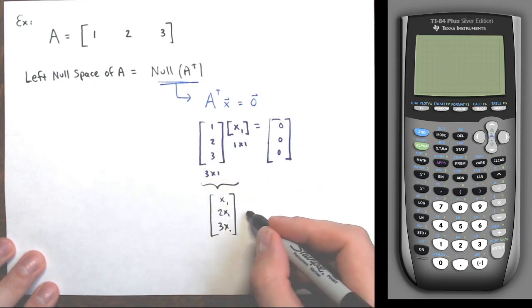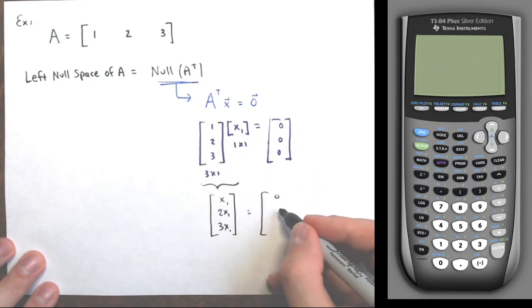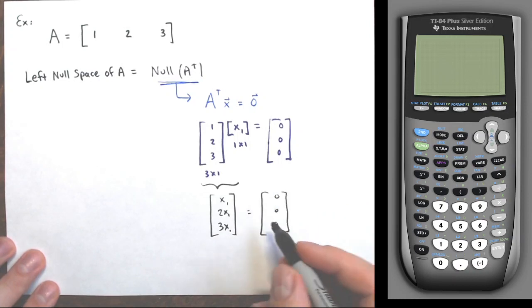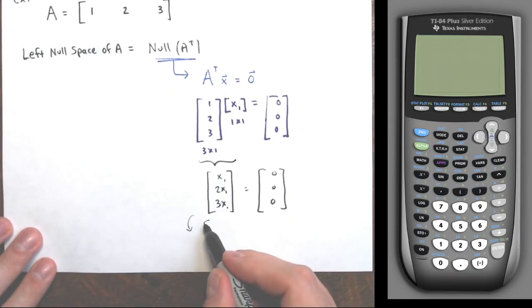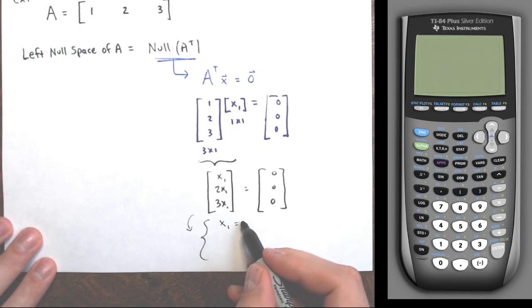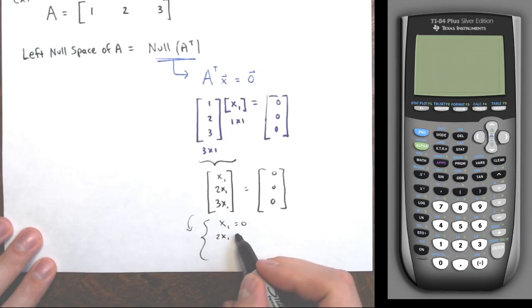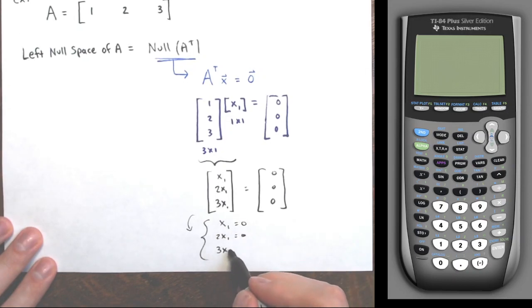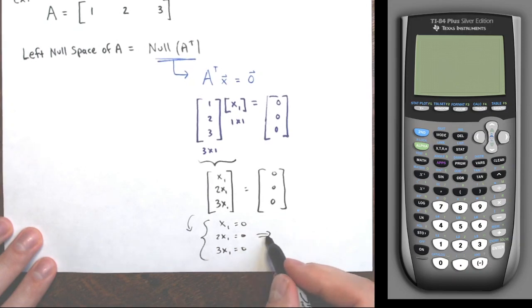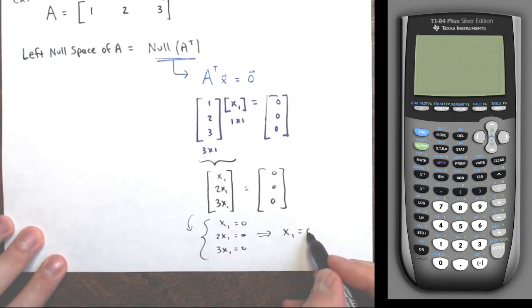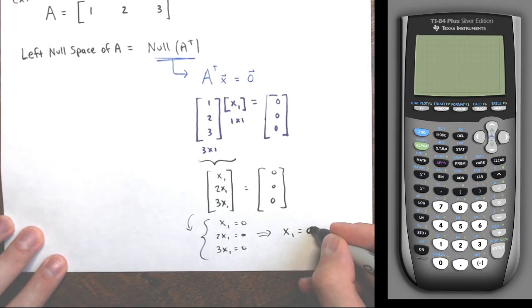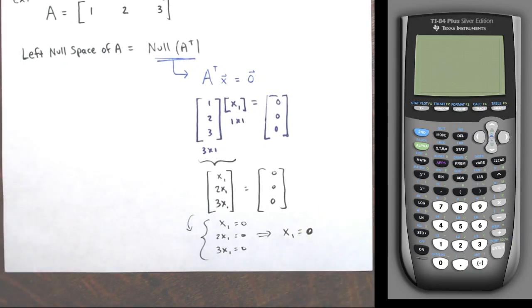And in order for this to be equal to 0, 0, and 0, we'd have this system of equations. x1 would have to be 0, then 2 times x1 would have to be 0, and 3 times x1 would have to be 0. So can you see how the value of x1 would have to be 0 alone? All right, there aren't other solutions here. Because if 2x1 is 0, divide by 2, x1 is 0; divide by 3, x1 has to be 0 for all three of these to be true.